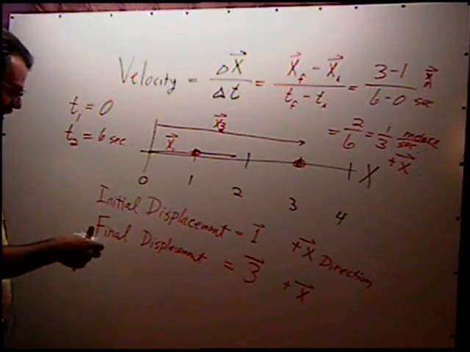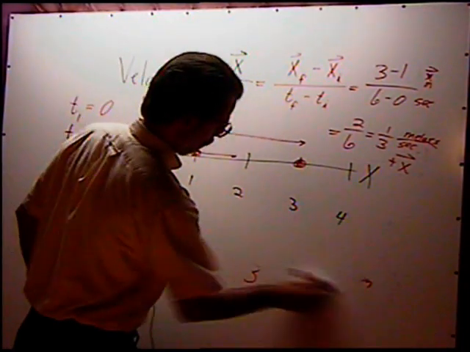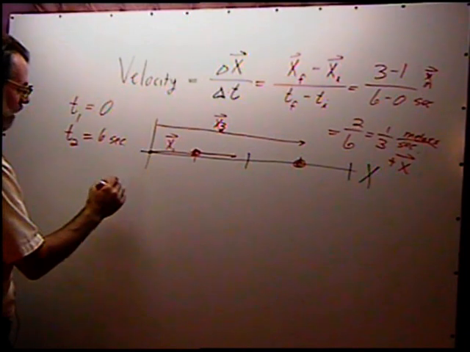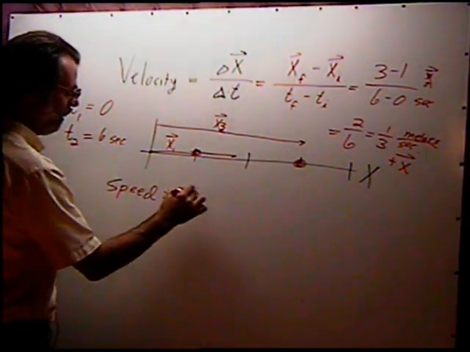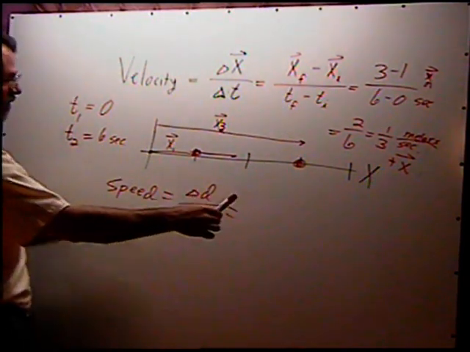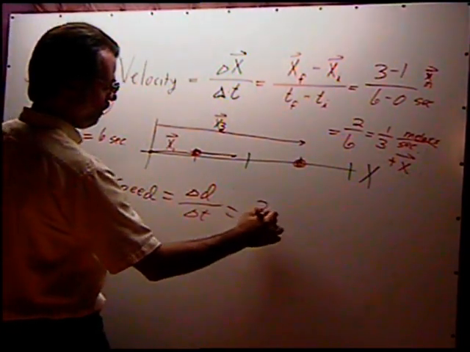Now, if we compare this to speed, the speed is simply a change in distance over a change in time. The change in distance from here to here is obviously 2 meters.